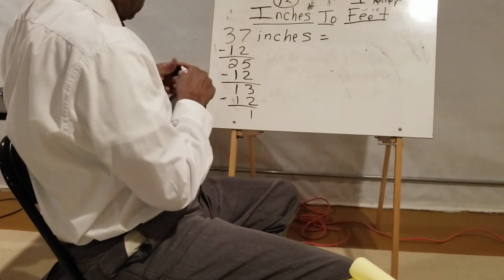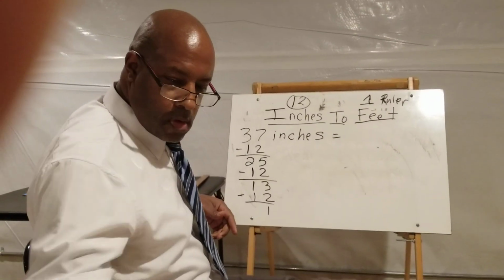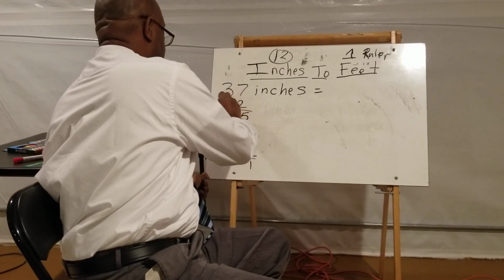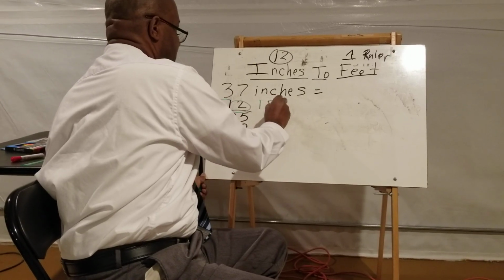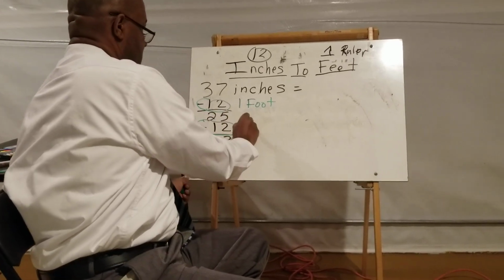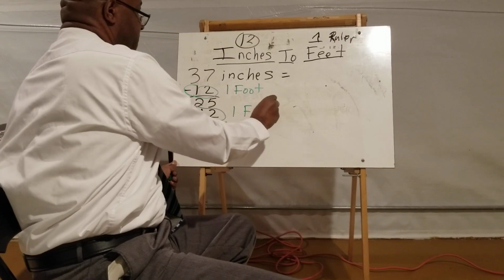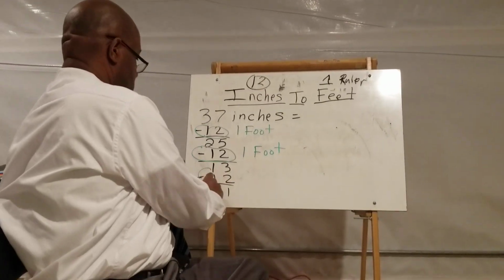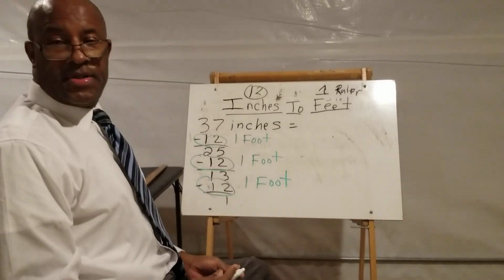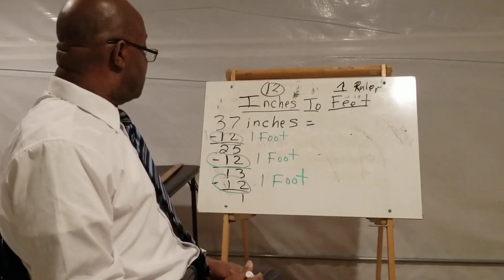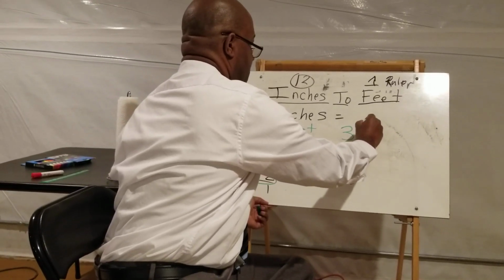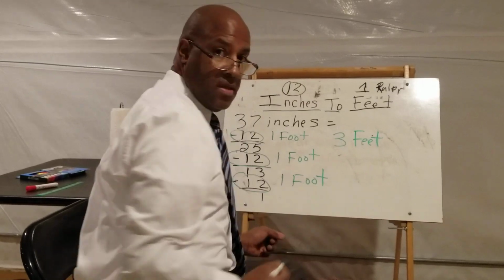So, having said that, how many feet do we have? That's 1 foot there. That's another foot. That's another foot there. So how many feet do we have, boys and girls? So all together, you have 3 feet.